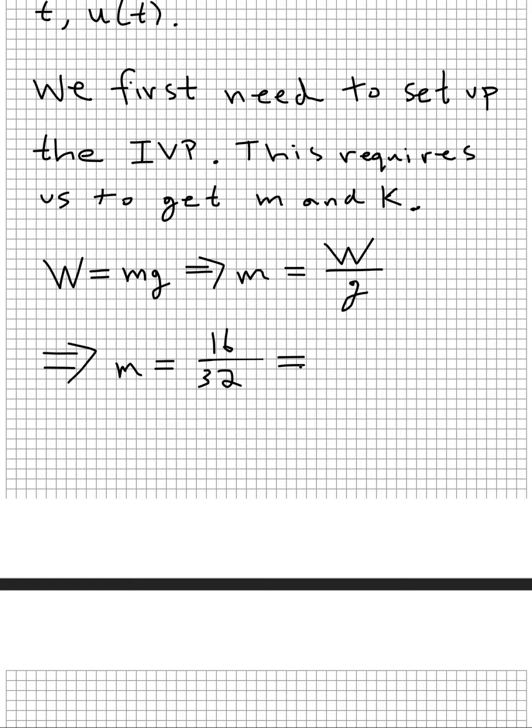So the mass of this spring, the mass that we're looking for, is going to be, oh sorry, again, another mistake, just going to be 1/2, right? There we go. So now that we have the mass, we're going to now obtain K.